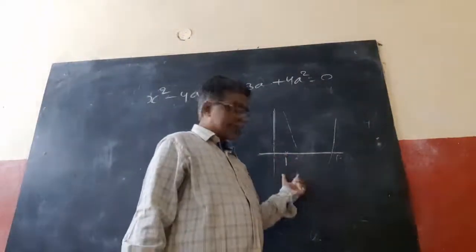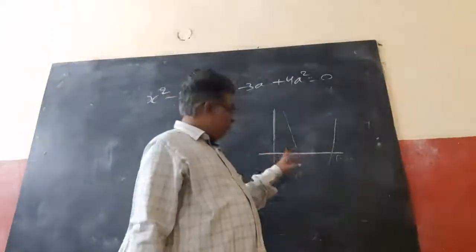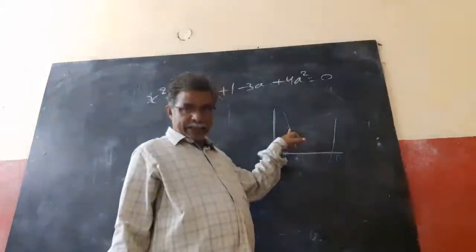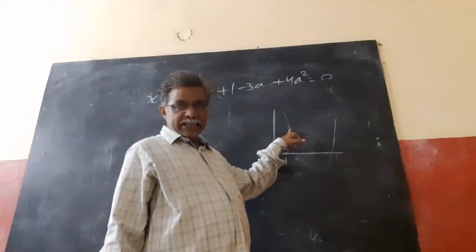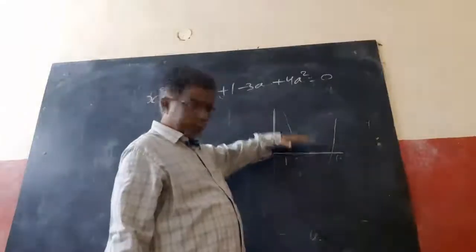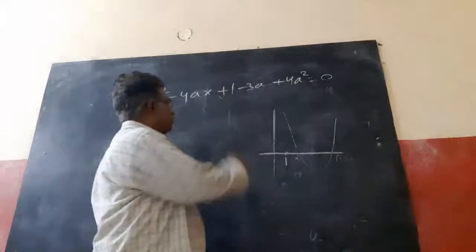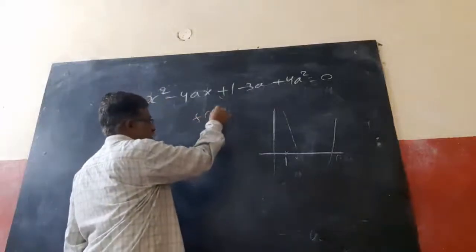If both the roots exceed k, F of k must always be greater than 0. First thing, f of k is greater than 0 because the graph is above the positive x-axis, so it is always positive. So f of 1 is greater than 0, the first condition.